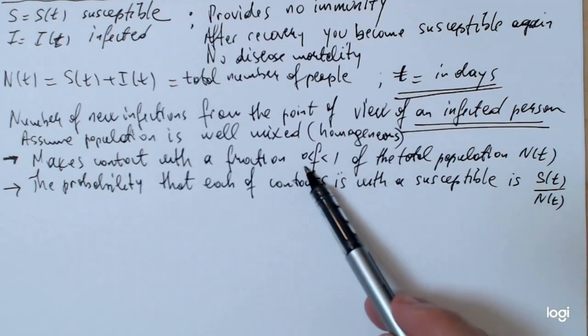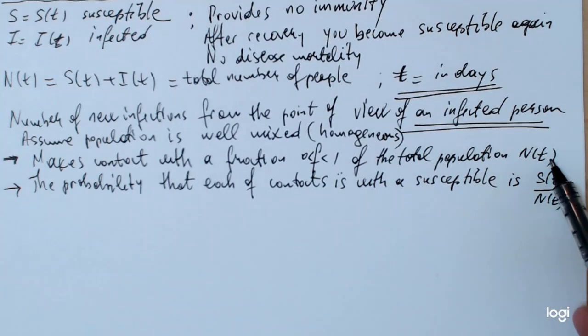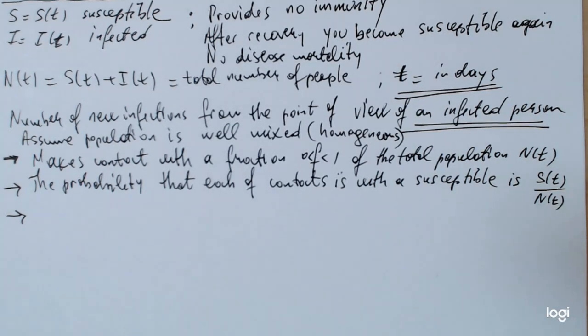So he's going to make contact with a fraction of the total population, but for each of these contacts, the probability of that contact being susceptible is S over n. Then there are lots of other hypotheses that play a role here. You will see it will simplify in the model, but you can add lots of tweaks to this contact rate.